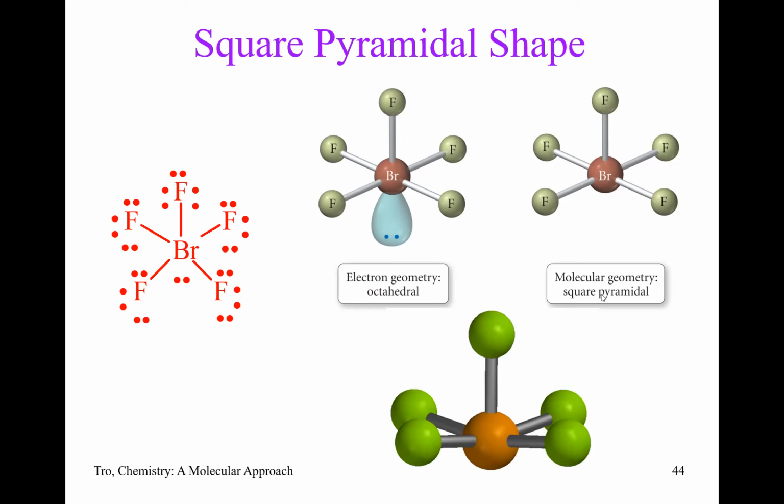And then when you add in another lone pair, in this picture here, the lone pair would then take up where the top of the pyramid is, the fluorine. And so you get what's called square planar, where all 4 atoms are in the plane of the central atom.